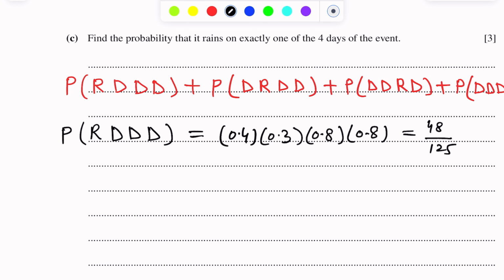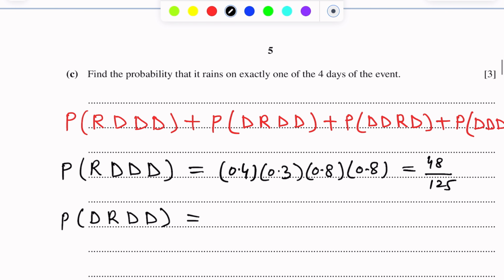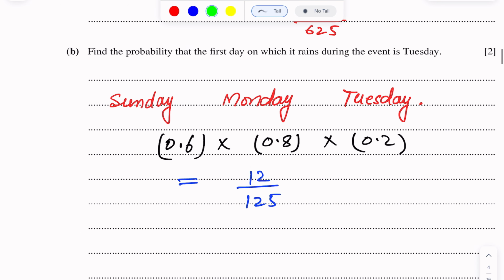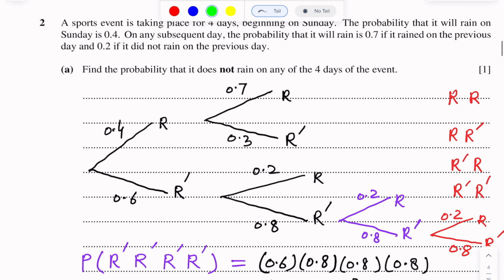Next option is DRDD. First is dry, from here 0.6. Next is 0.2. Next we can extend this. So 0.6 into 0.2 into 0.3 into 0.8.